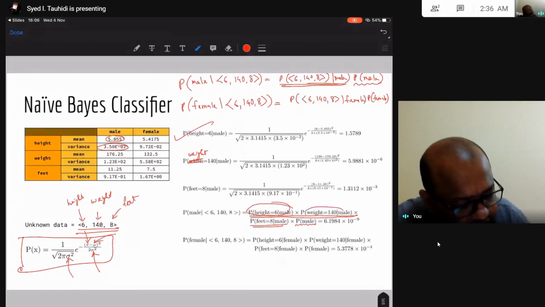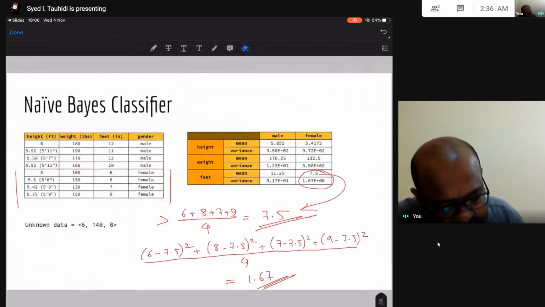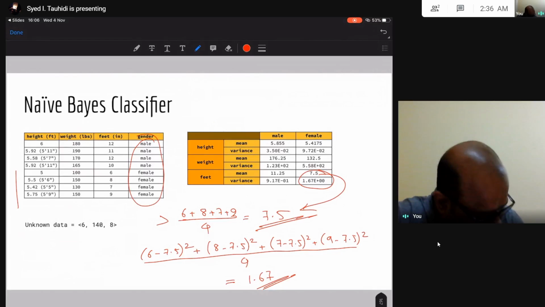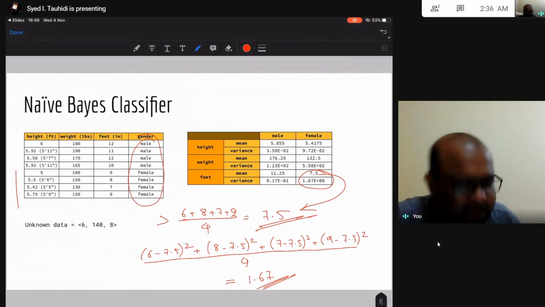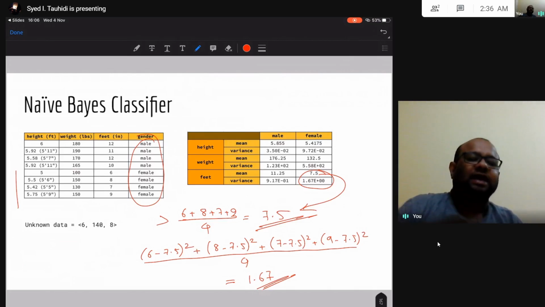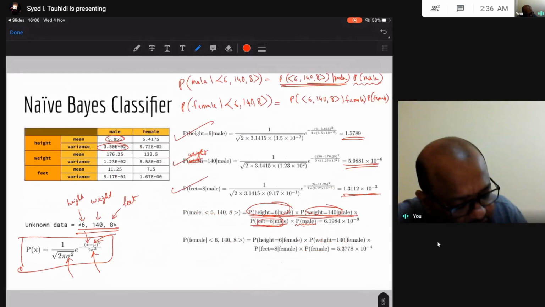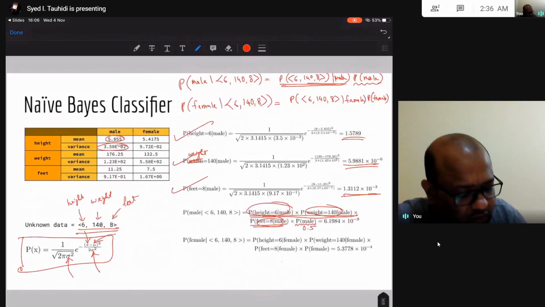I have already calculated all these values. And what is the probability of male? Let us go back and look at this data set. I have 8 rows in my data set. 4 of them are male and 4 of them are female. Therefore, probability of male and probability of female are both equal to 4 by 8, that is 0.5. I do all this multiplication, I end up with this value.